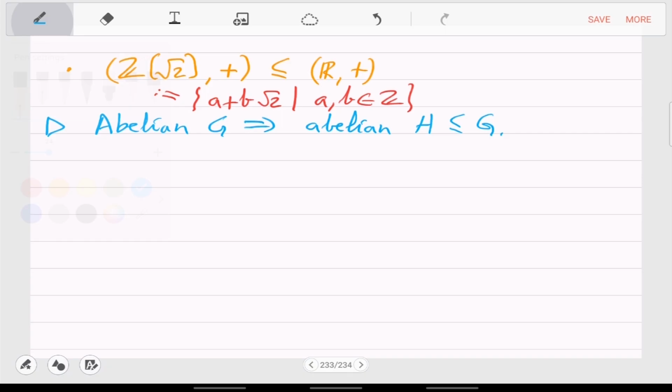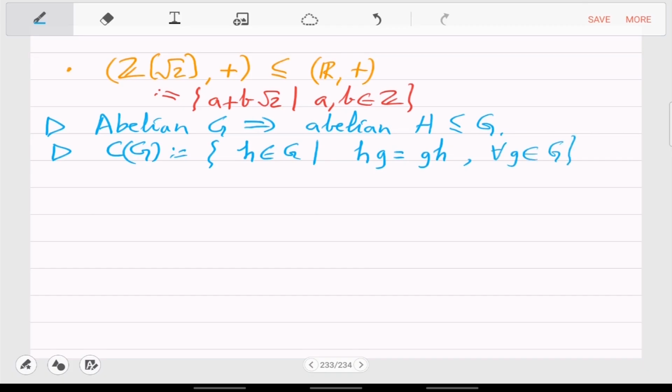So in that case, there is this interesting object: you look at those elements that commute with everything. Okay, so look at those h whose multiplication with every element is commutative. So this is called the center of G.